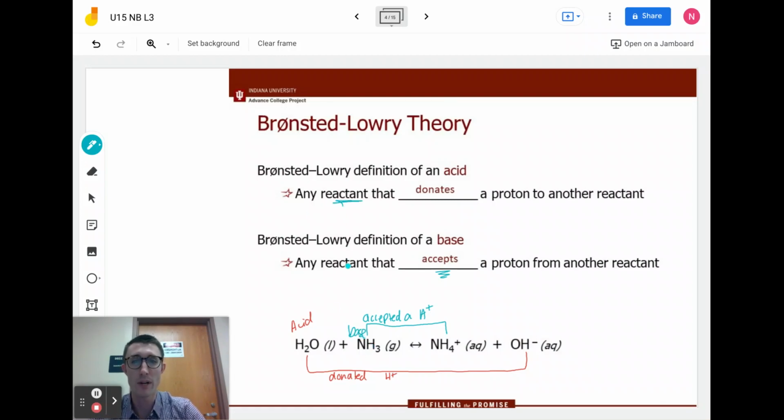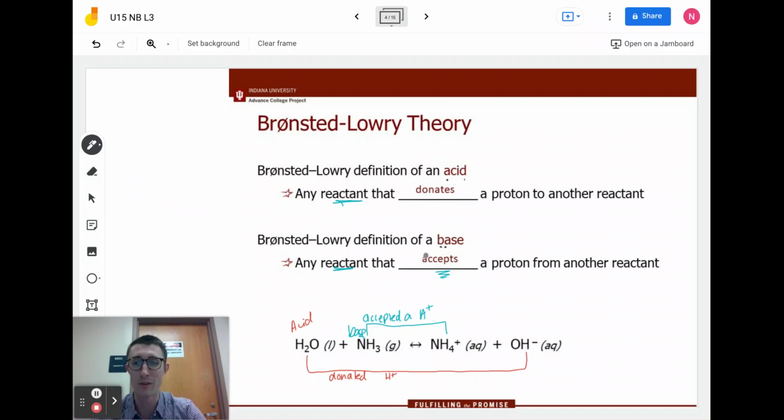These are on the reactant side. So we are labeling acids and bases on the reactant side. And we're going to use a different name for the products. So our key is to look for something that donates a proton, something that loses a proton; that would be our acid. So acids donate, and bases accept.